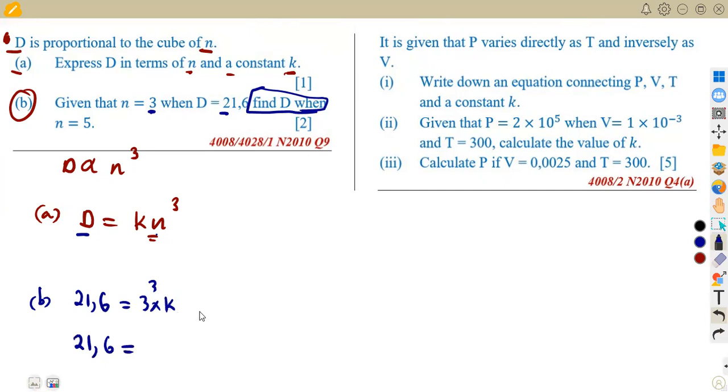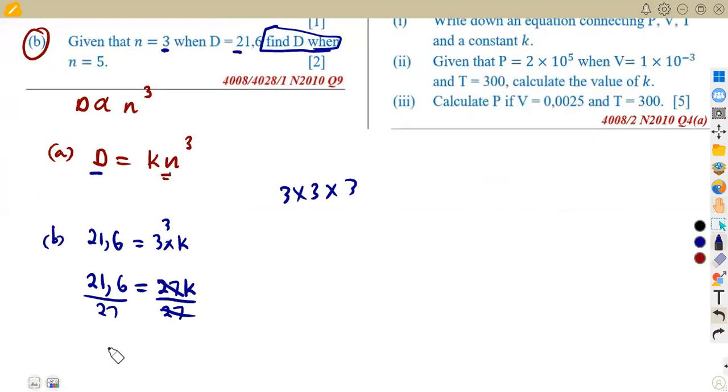3 to the power of 3, that is 3 times 3 times 3, which is 9, times 3, which is 27. So that is going to be 27k. To find k, simply divide by 27 both sides. All right, so to deal with the decimal, when you have a decimal on top like this, we can remove the comma here.